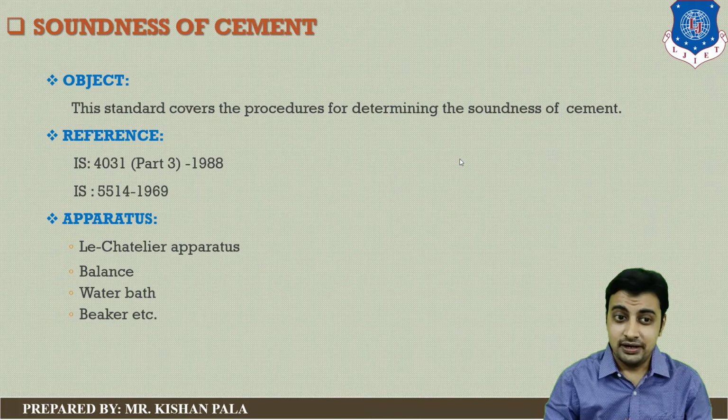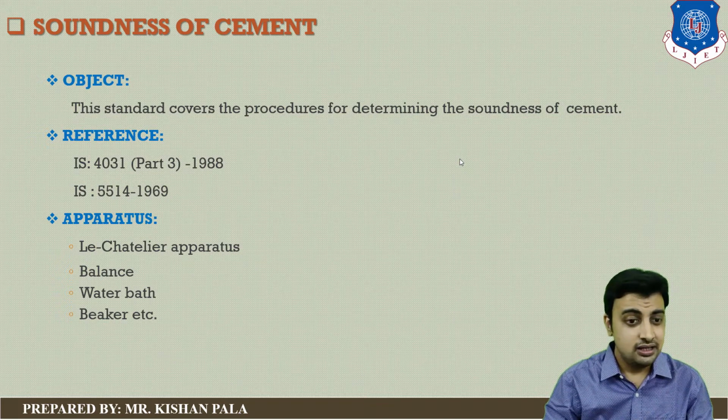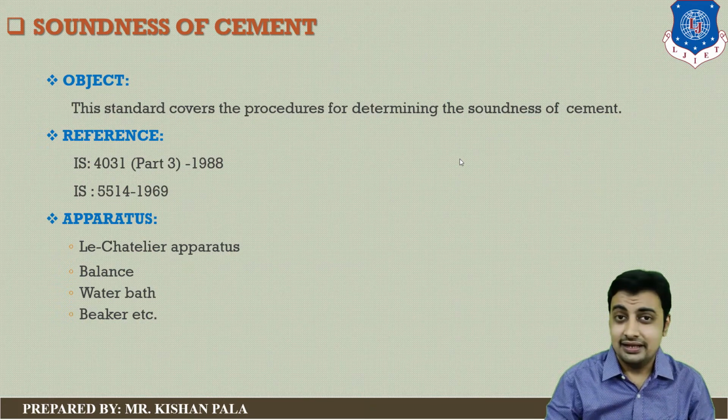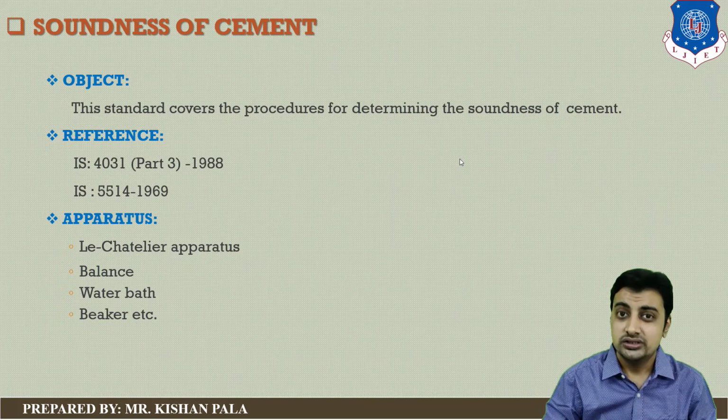The apparatus used for finding the soundness of cement: we will use the Le Chatelier apparatus, a balance for making the paste of the cement mass, a water bath, and beakers.